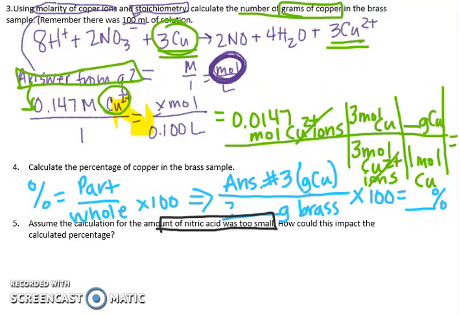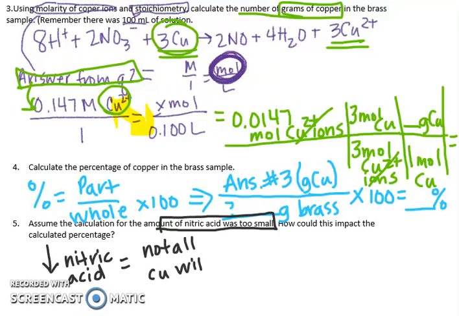The point of the nitric acid was to get all of the copper dissolved, right? So if I have too little nitric acid, that means not all the copper will dissolve. And I want you to think about what that's going to do to the solution. If not all the copper will dissolve, we are going to have fewer copper ions in solution, won't we?